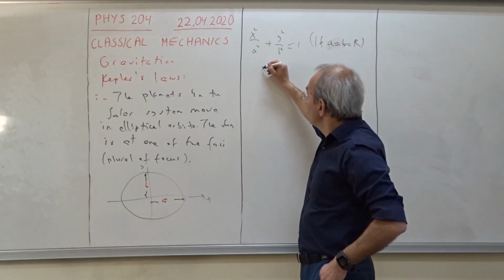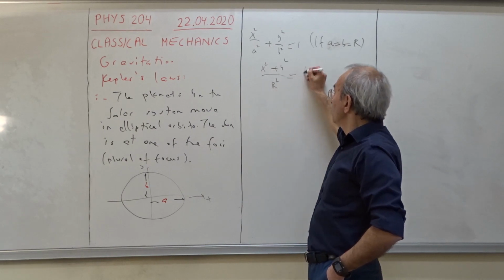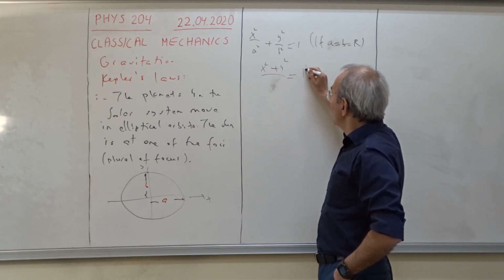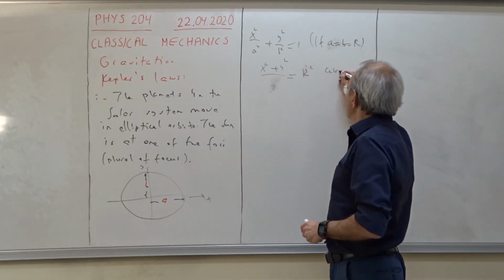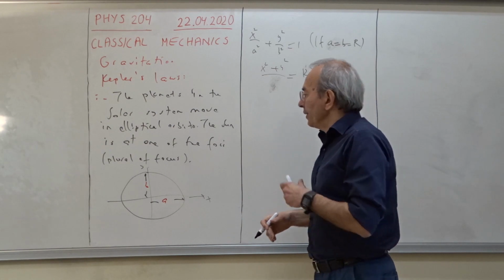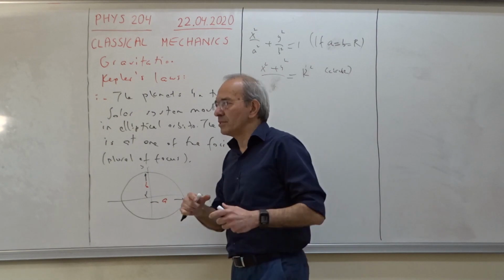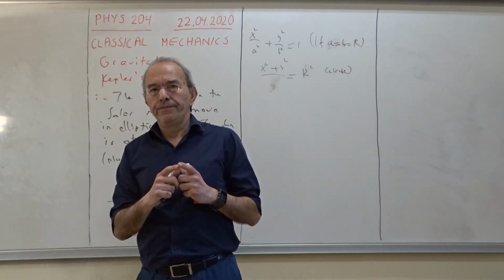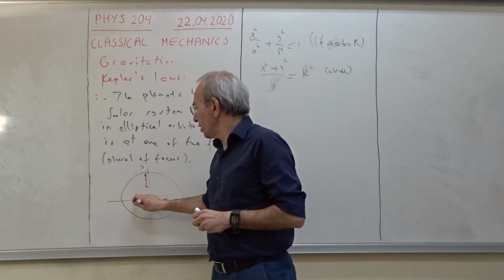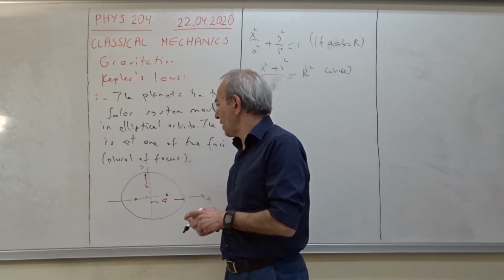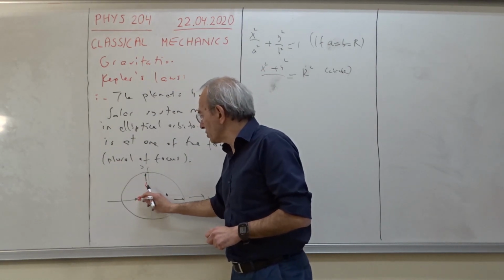In that case, of course, we would have x squared plus y squared over the same value, r squared, equals 1, and then we can take r squared here. So this is the equation of a circle. So a circle is obtained by setting the major axis and minor axis values equal. So this is the general form. And there are two foci. One focus is here, let's say, the other one is there. It's an exaggerated way, of course. But for example, here is the sun.